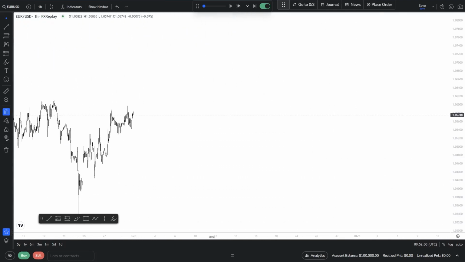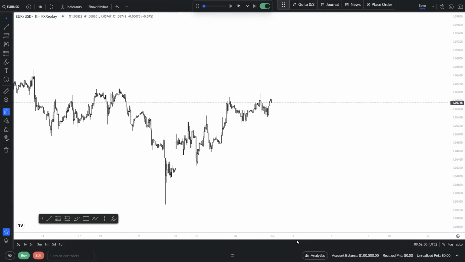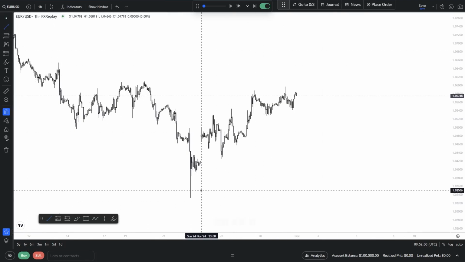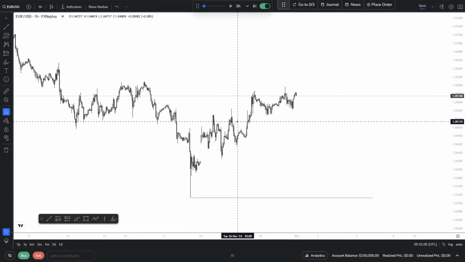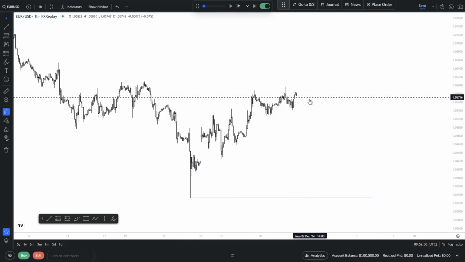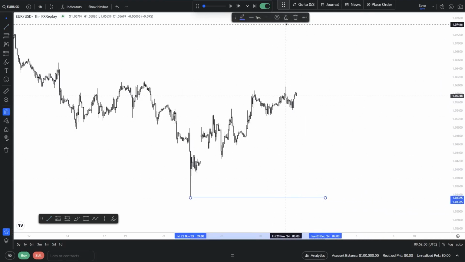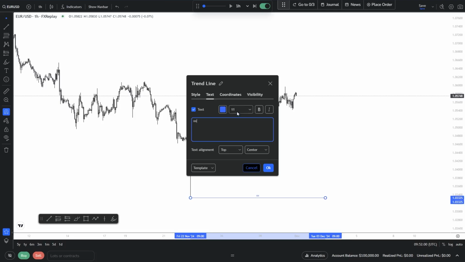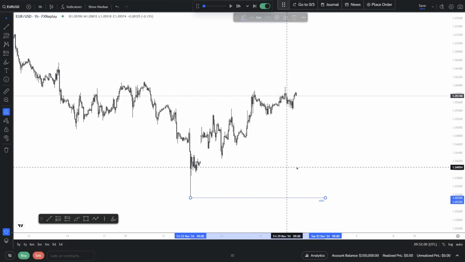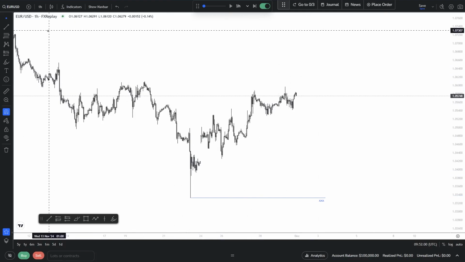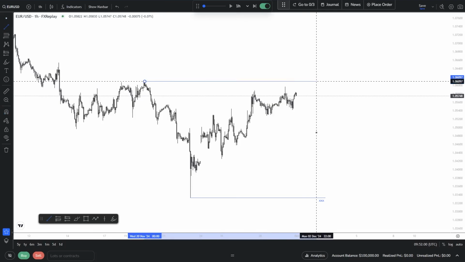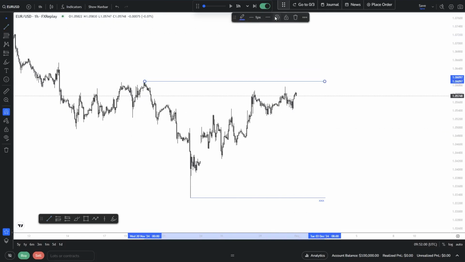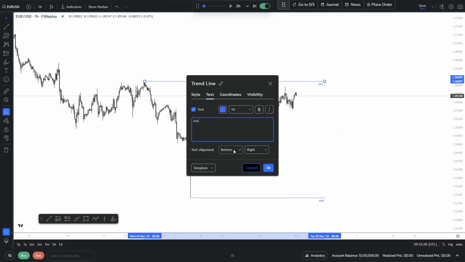Now I am looking for the liquidity points, right? This low, responsible for the start of this bullish complex pullback, is a good liquidity point. So I'll mark this as my liquidity point to the right. And then the highs, I see this being a nice liquidity point, so I'll mark this as, again, liquidity.